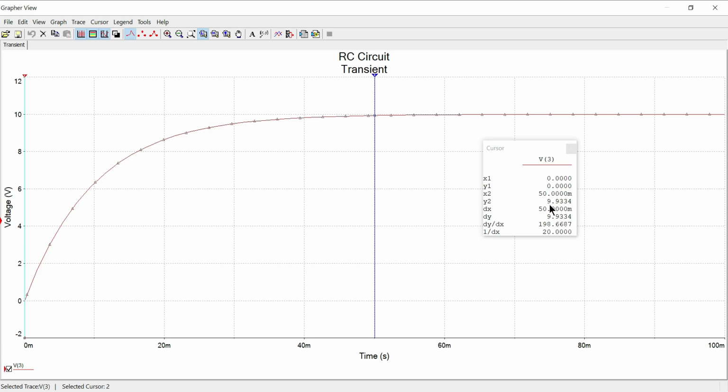You can see the corresponding value of the voltage is 9.9 volts, which is greater than 98% of the final value. So you can verify all those theoretical results with the simulation result.